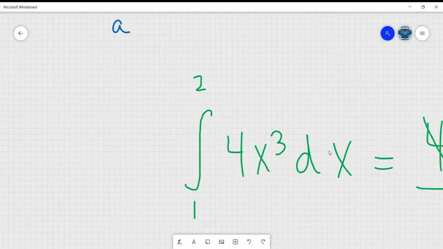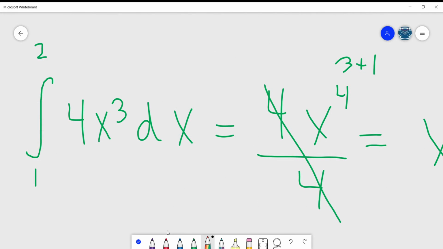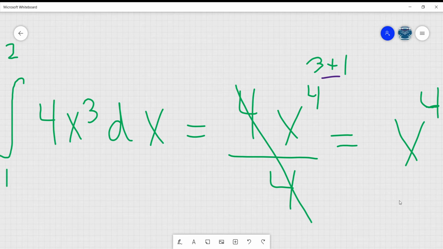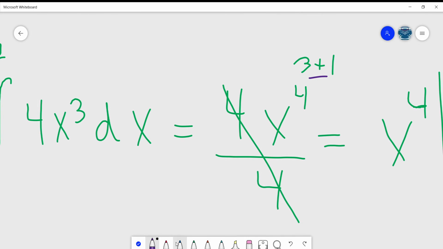Alright, so let's do the integral. We add the power, just like you see here. We get 4, divide by 4, and now we cancel, and we come up with x to the 4th as the integral of 4x cubed.